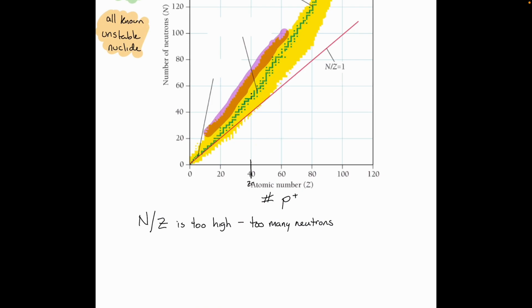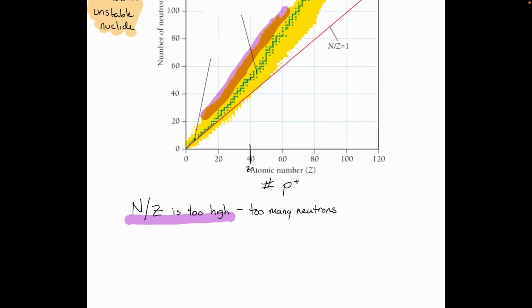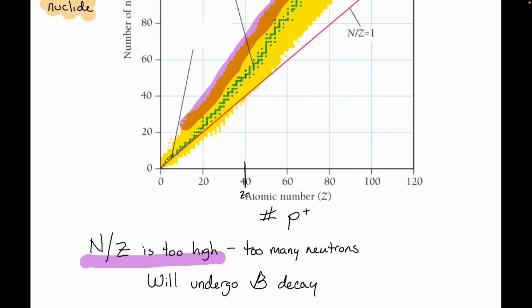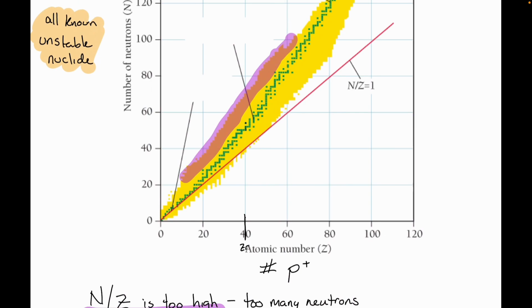You're above this green line. N over Z is too high. These will undergo beta decay. Because beta decay is converting a neutron into a proton. Right? So mass number stays the same, but you get rid of that neutron by converting it to a proton.